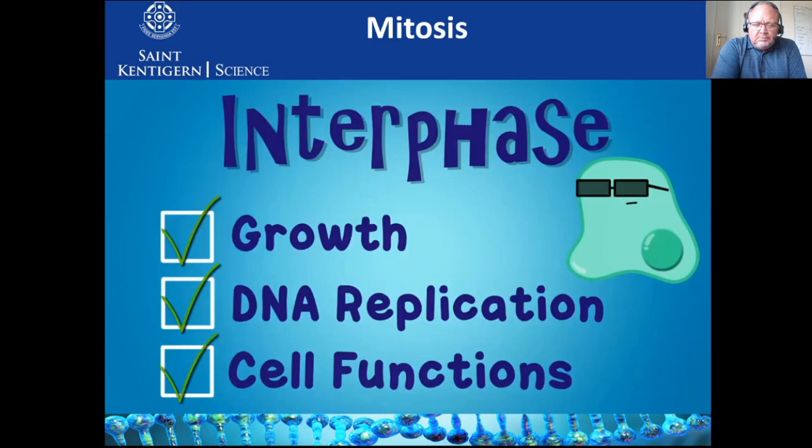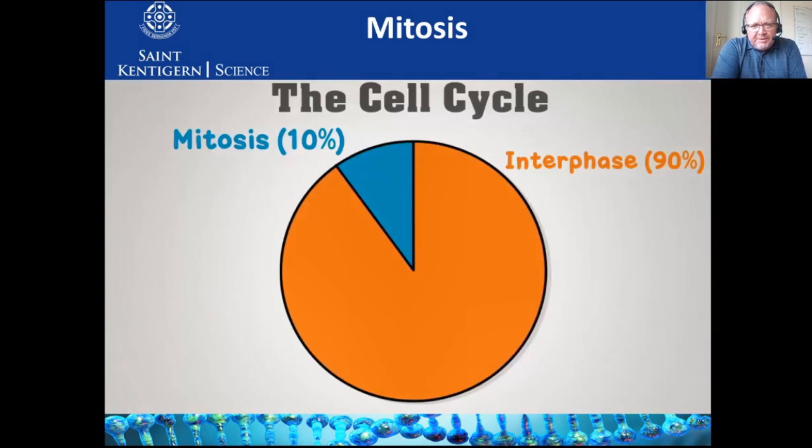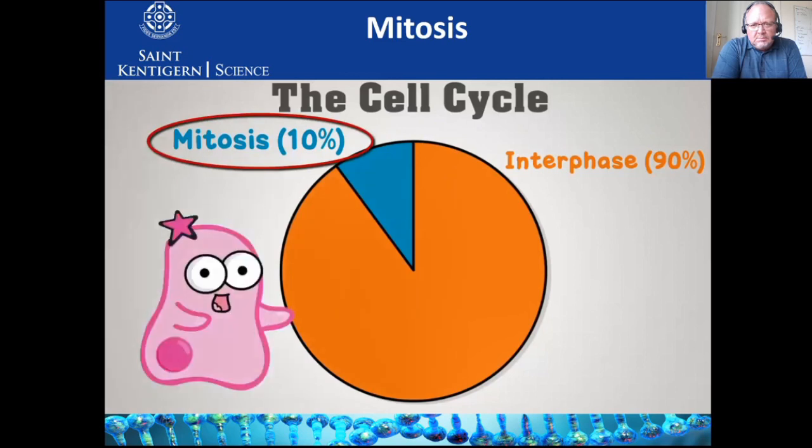That's where cells spend most of their time in respect to the whole cell cycle. Mitosis is a very short amount of time in respect to the whole cell cycle. But mitosis is a critical process because this is where it is going to divide and make more cells.